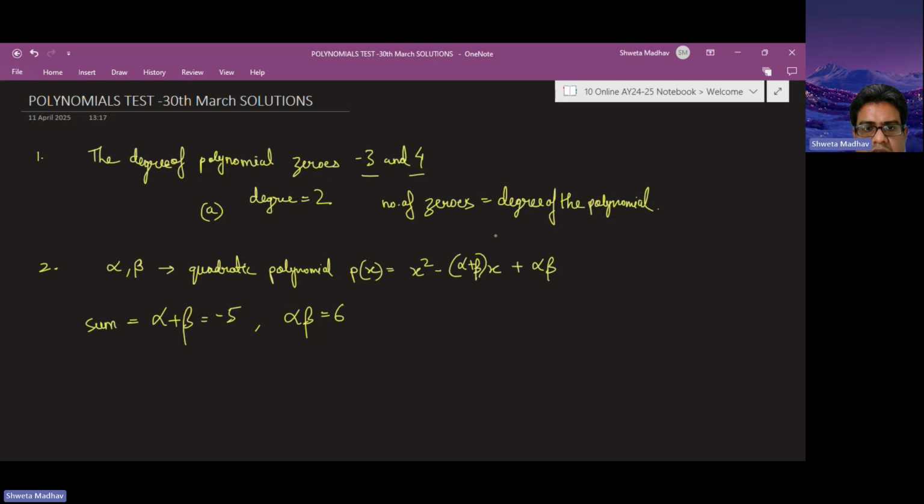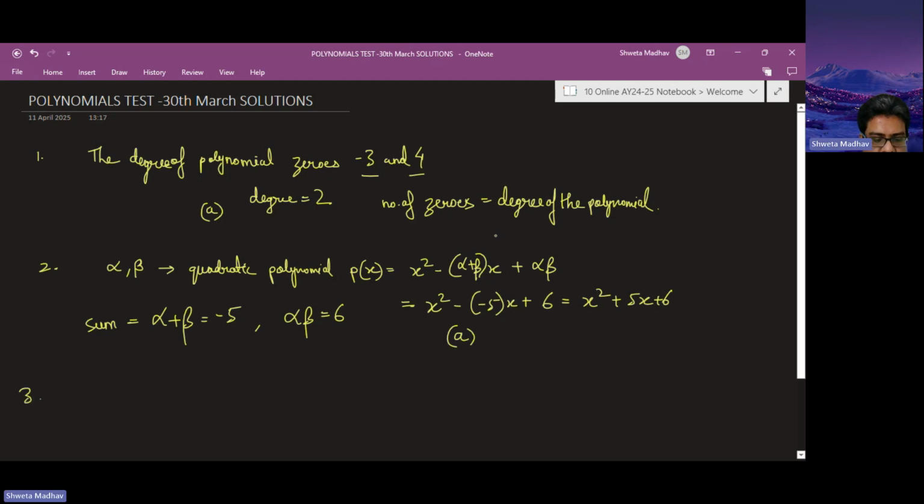Therefore, the required quadratic polynomial can be written as x square minus (-5) into x plus 6, which is the same as x square plus 5x plus 6. It means option A is the correct answer.